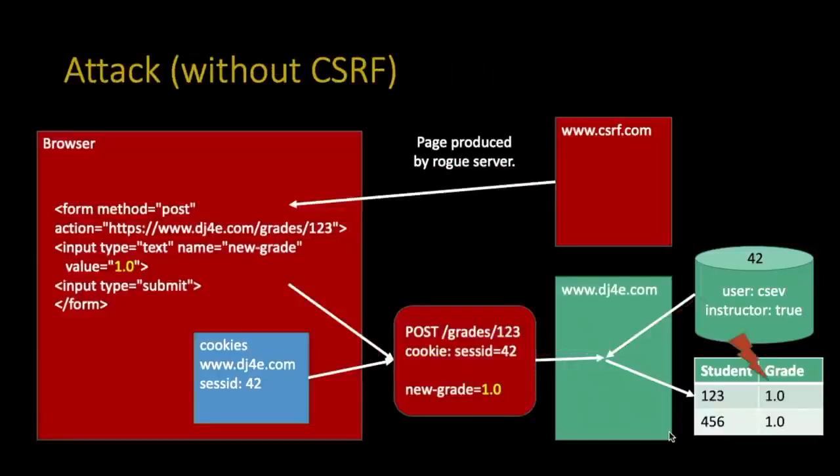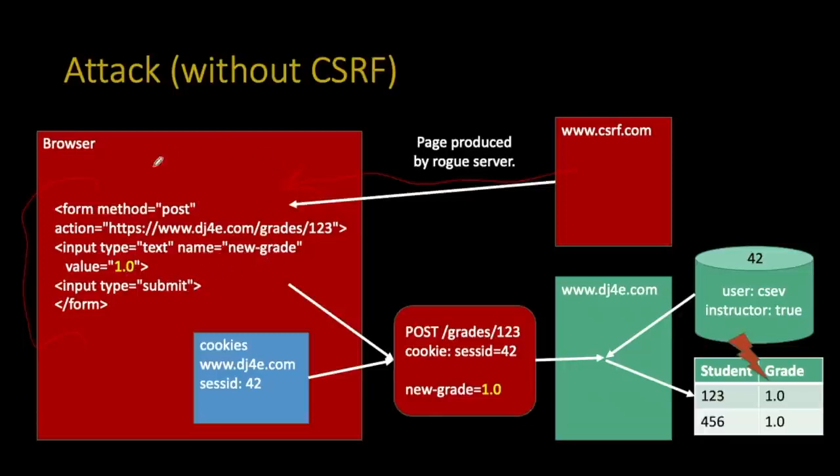Okay. Now, here is what happens when you get to a CSRF attack. So somehow a page gets sent to the browser, sent from a rogue server, and it just has this form. Method equals post, action equals DJ... it's not the same action, it's going to a different place. And it puts sort of a new grade and then a submit.